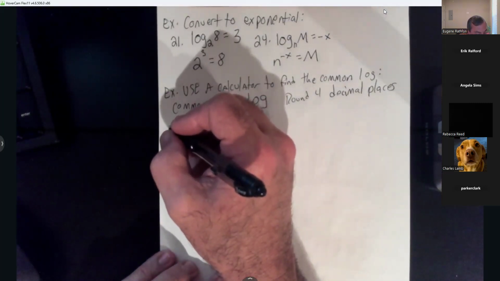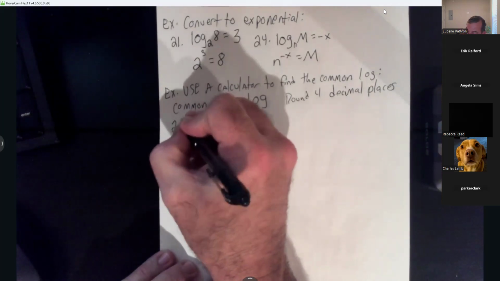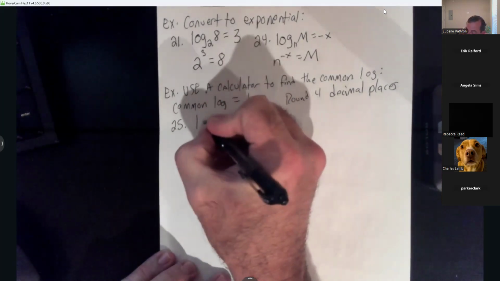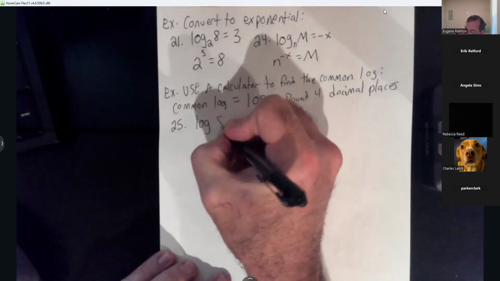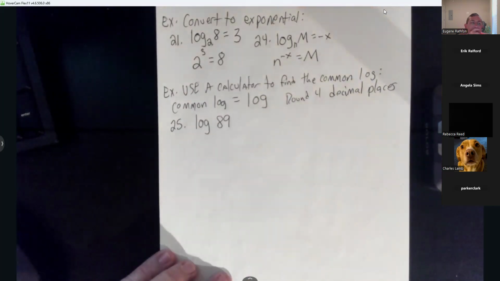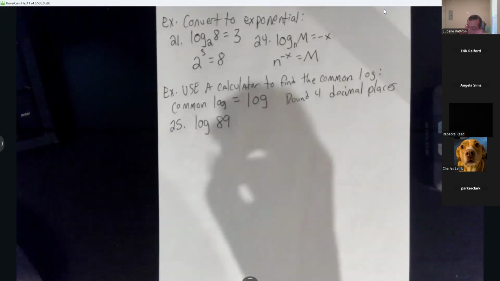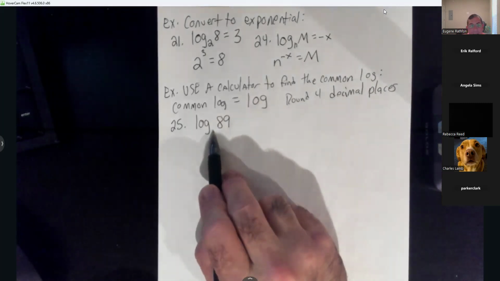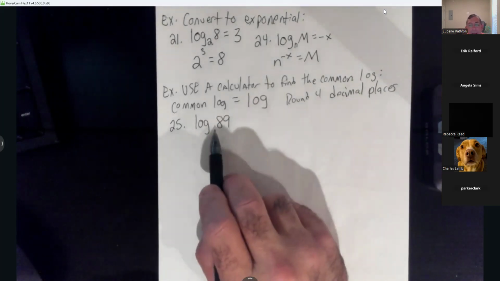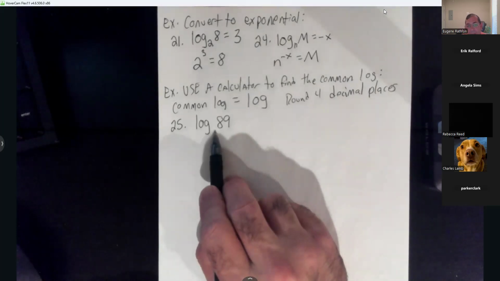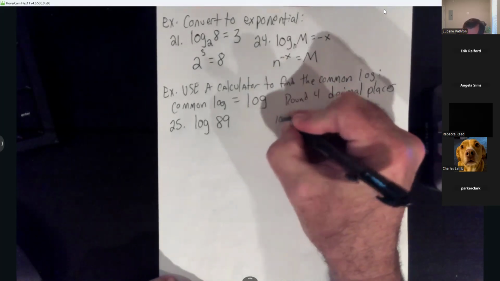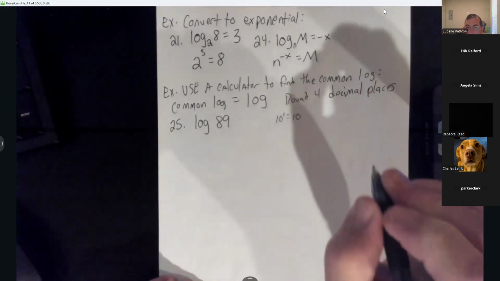This one is number 25. And I got the log of 89. Now let me show you how you think about this. There's no base here, so it's a 10. So let's think what I got. I know that 10 to the first power equals 10.